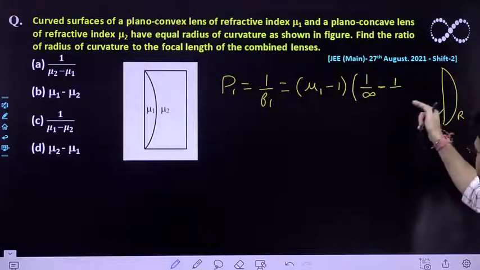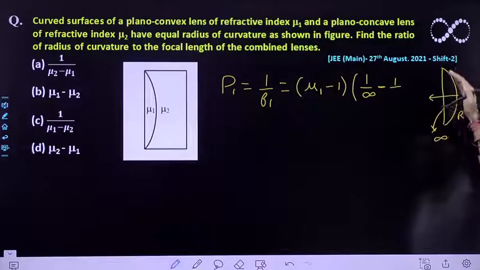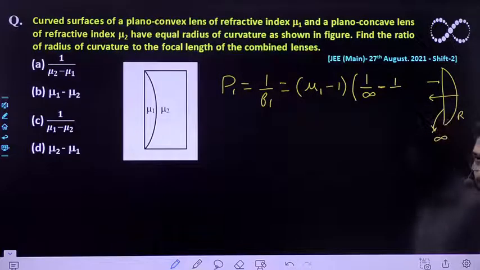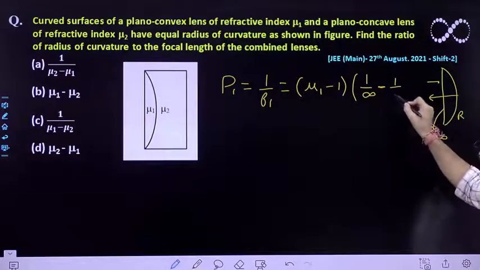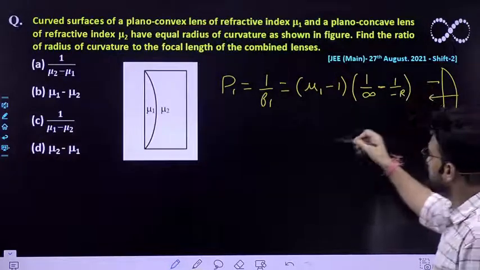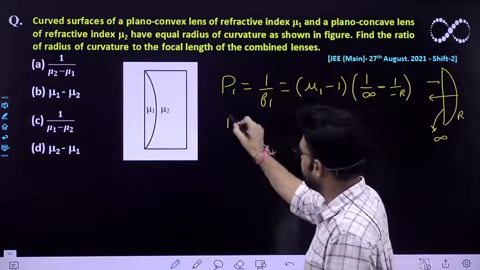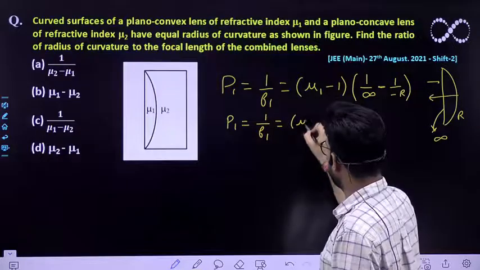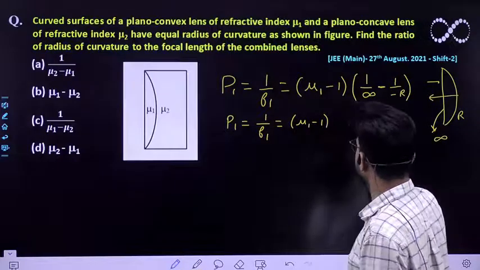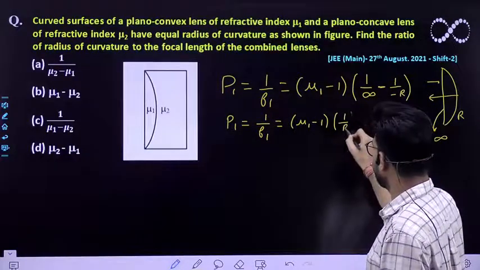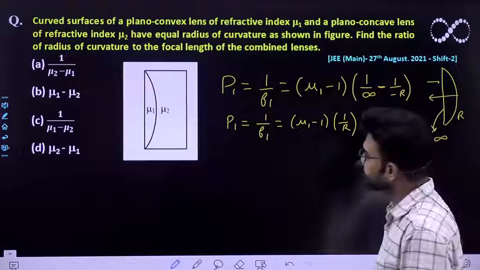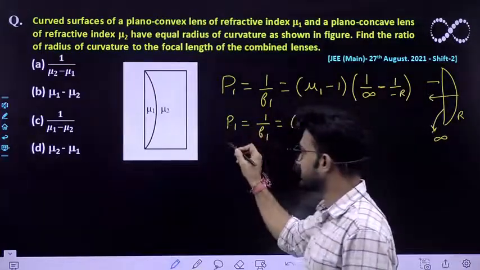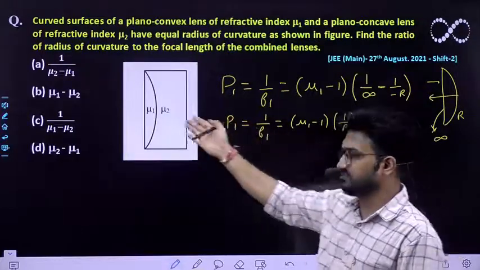R2 is minus r, because the radius of curvature for this surface is towards the left and light is coming from left towards right, so this must be minus r. So p1, which is 1 upon f1, is equal to (mu1 minus 1) times 1 by r. So this is the relationship of the focal length of the first lens.